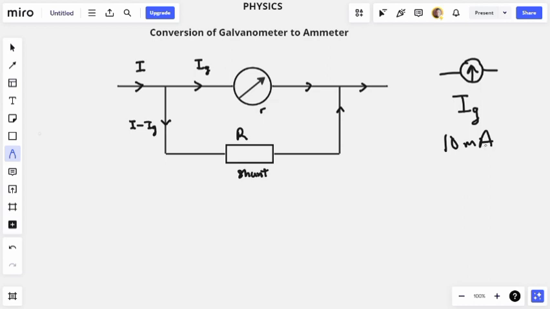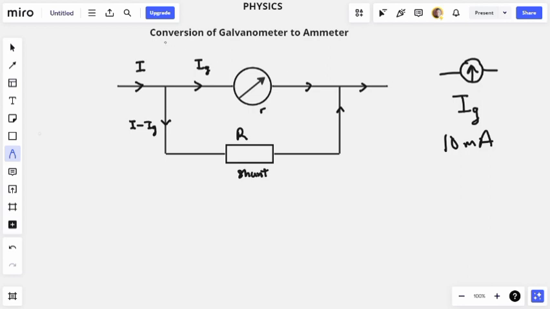You know the duty of an ammeter is to measure a wide range of current. So how do we convert this galvanometer to an ammeter such that it can measure a wide range of current, not just a minute current?